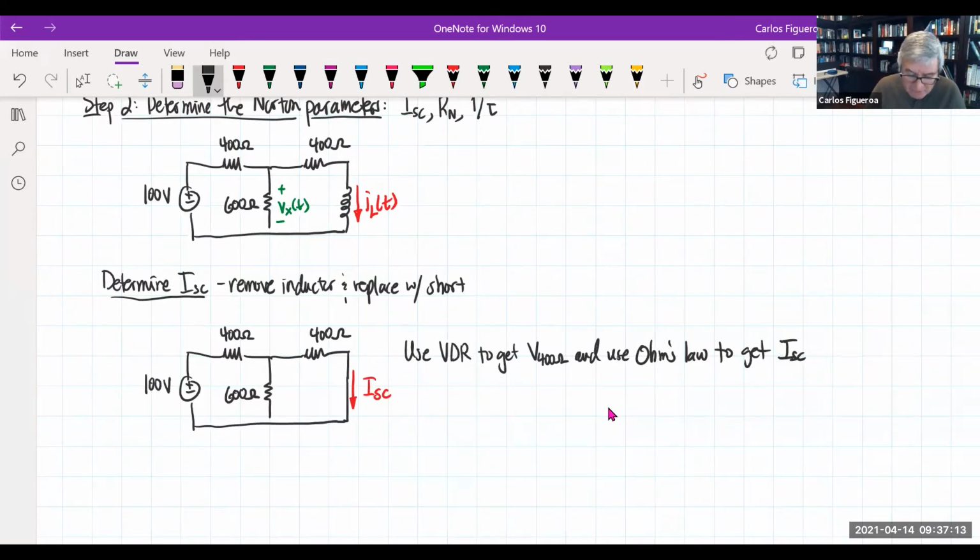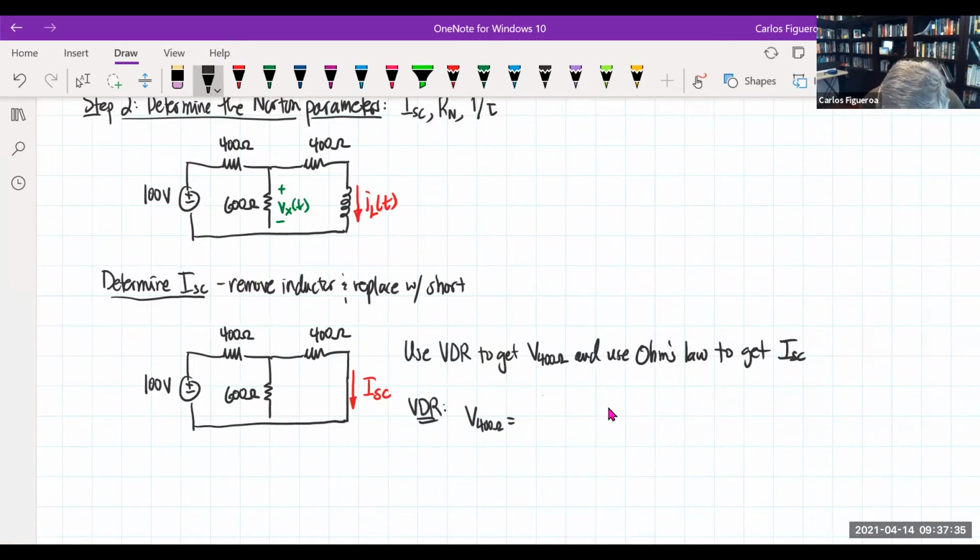Let's do that. The first thing that I see here is that the 400 and the 600 are in parallel. So if I use VDR, the voltage across the 400 is the same as the voltage across the 600 and 400 in parallel.